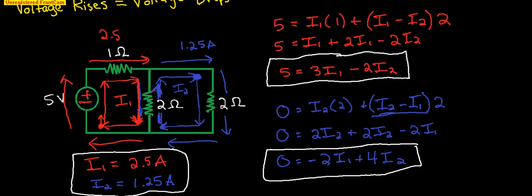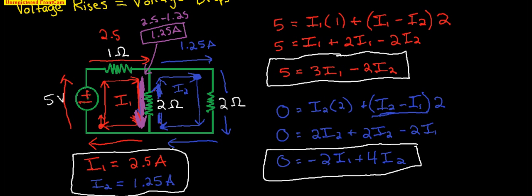That means that the actual current, right, not a mesh current, flowing through this piece of wire and this resistor is equal to 2.5 minus 1.25, which will equal 1.25 amps. Okay, that is the real current flowing through this.